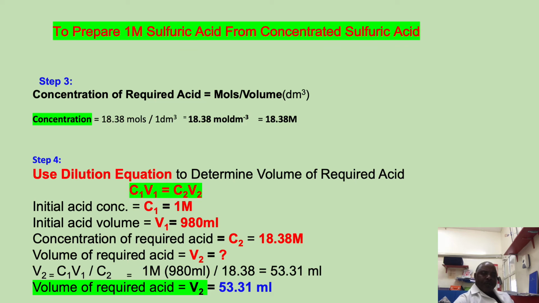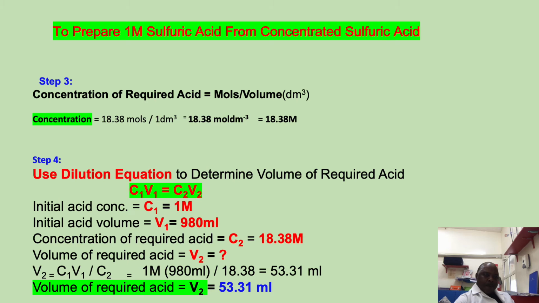Substituting all the values, we will have concentration equals 18.38 moles divided by 1 dm cube, which is 18.38 moles per dm cube, which is equal to 18.38 molar. That is the concentration of the required acid.